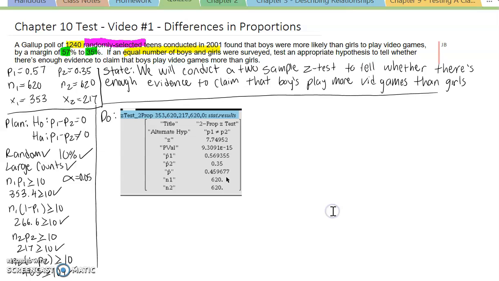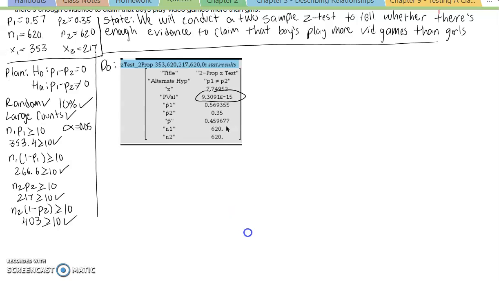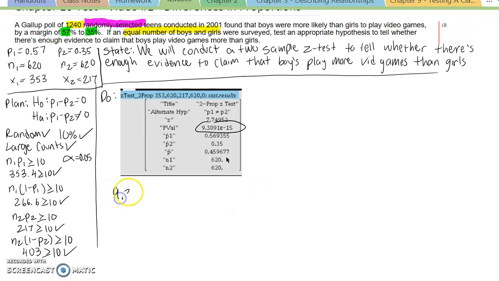And then we see that our p-value is 9.309 e to the negative 15. And that number is less than 0.05. So we would reject the null hypothesis.